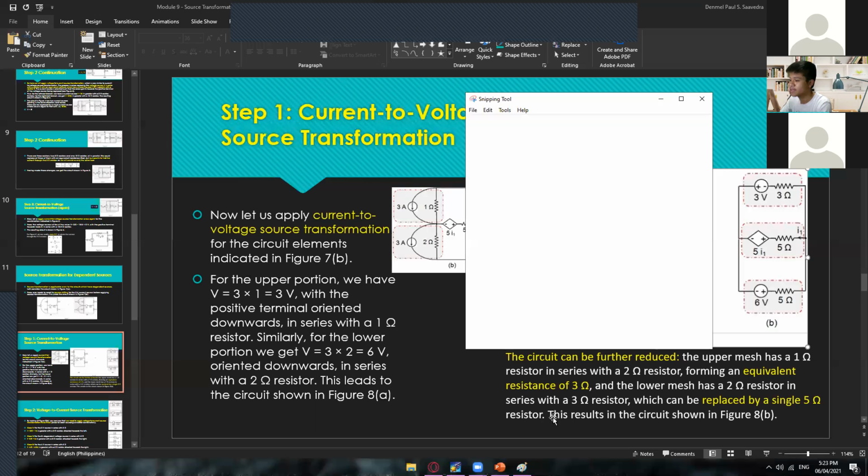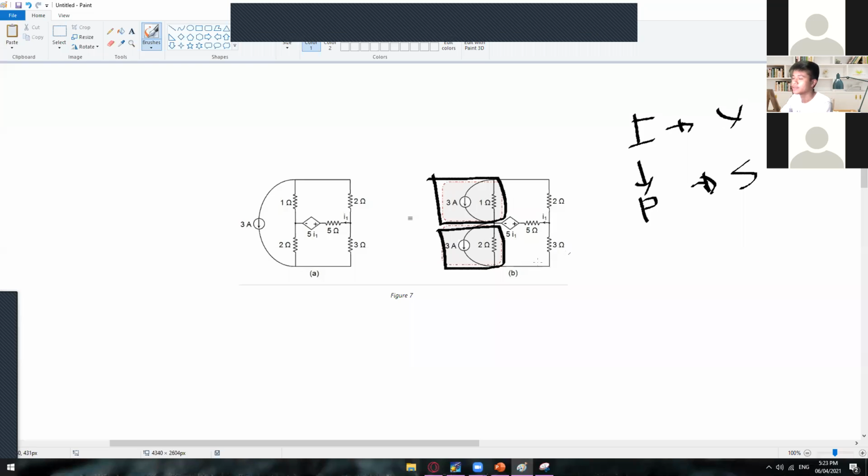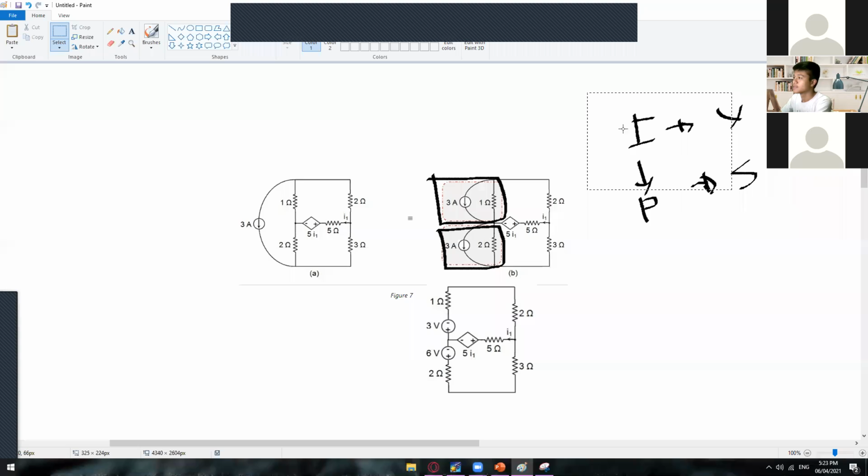Let me compare if that's the transformation, from this to this. I'll not erase that one anymore. Again, we need the formula V = IR. So I times R is 3 times 1 is 3 volts, and 3 times 2 is 6 volts.